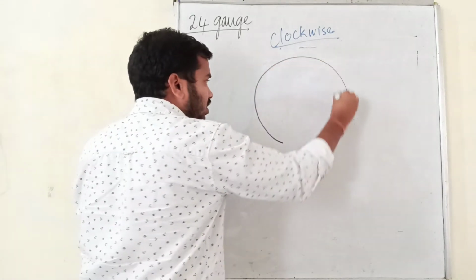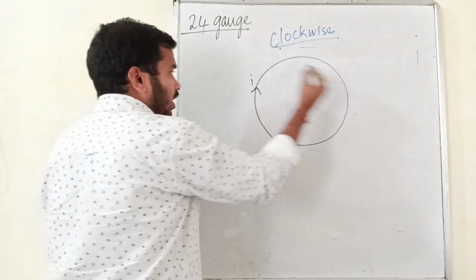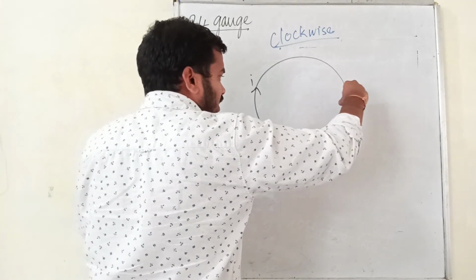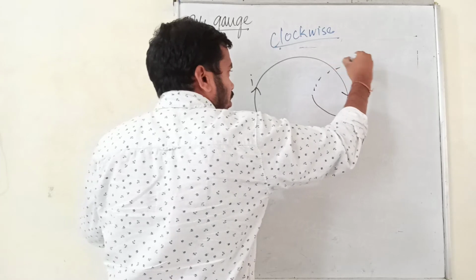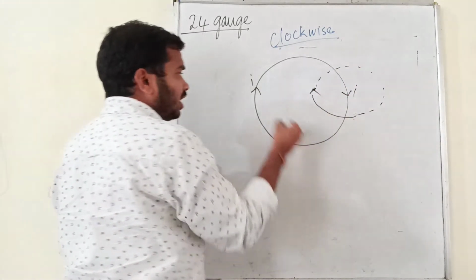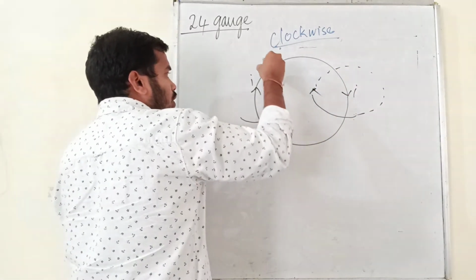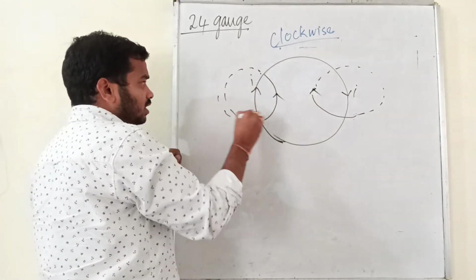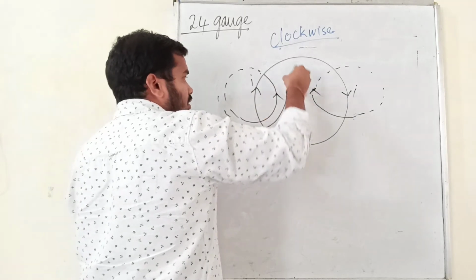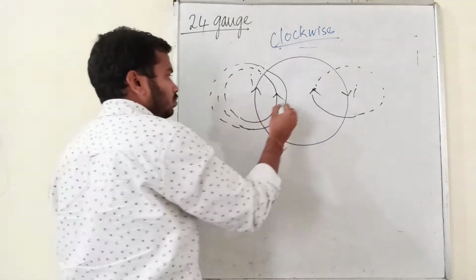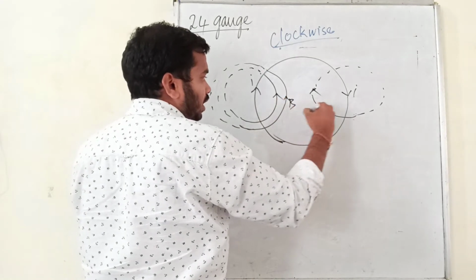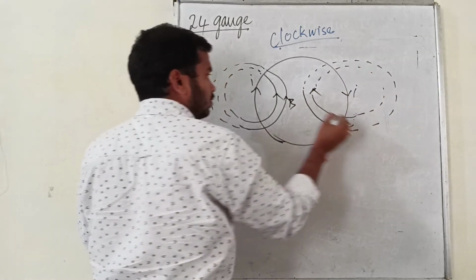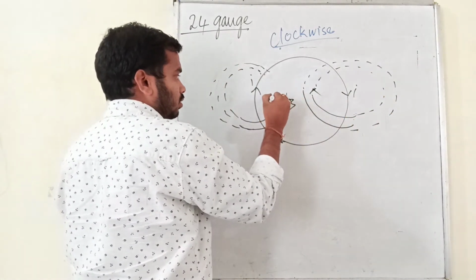If you consider this a circular loop carrying electric current in the clockwise direction, then the magnetic field lines would go and encircle this loop. The B direction would be like this. It will go into the plane like this.